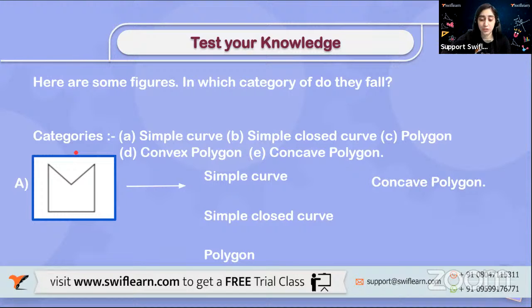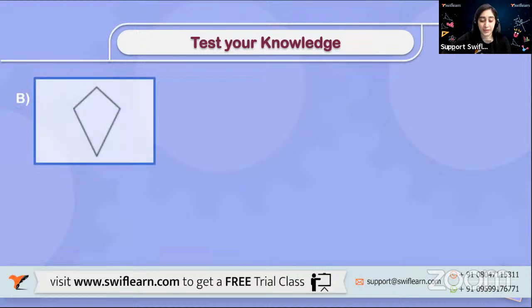All right, moving on to the next one. The next figure is this one. Is it closed? Yes. Is it a simple closed figure? Is it a polygon? Yes, now it is a polygon. We all know it's made up of line segments.